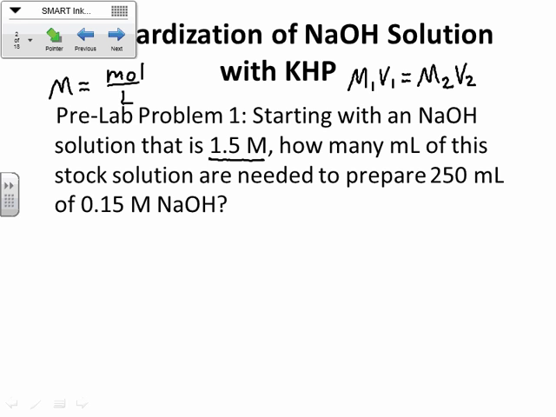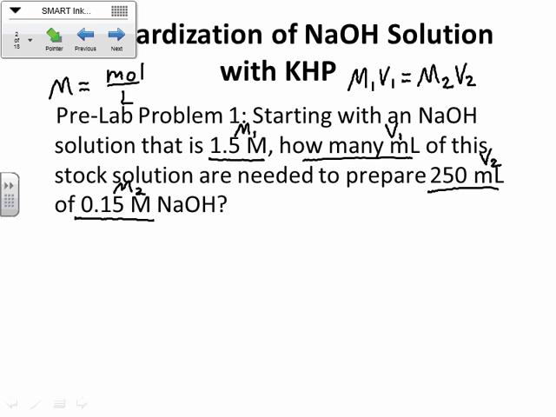It's asking how many milliliters, so that's a volume. And it's asking how many of those are needed to prepare 250 milliliters, so there's another volume. And it's giving you another concentration, 0.15 molar, so that's an M2. So this looks like an M1V1 equals M2V2 problem. That's how you're going to set this one up.